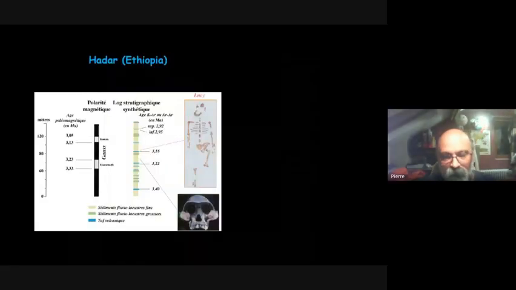For example, it is used to specify and to clarify some dating of, for example, here human remains in part where we have a lot of different lava flow recording very well all the inversion and all the moving of magnetic field. So it works.